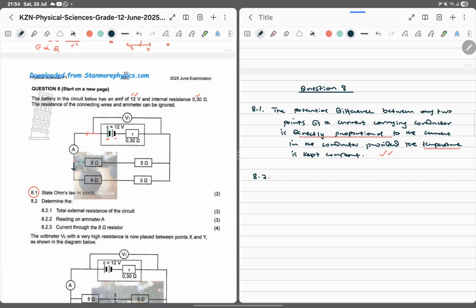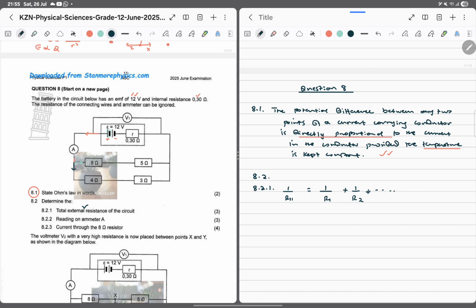8.2. Determine the total external resistance of the circuit. Easy. 8.2.1. We know that for R parallel, we often say product over sum. There are many ways of doing it, but let's just do it the standard way. We say 1 over R parallel is 1 over R1 plus 1 over R2.